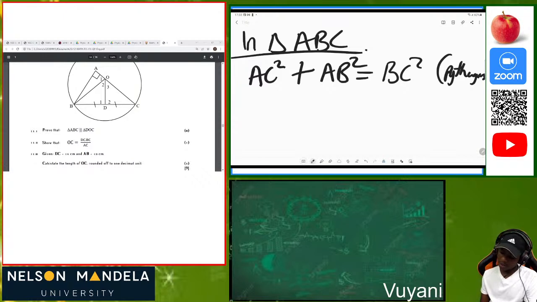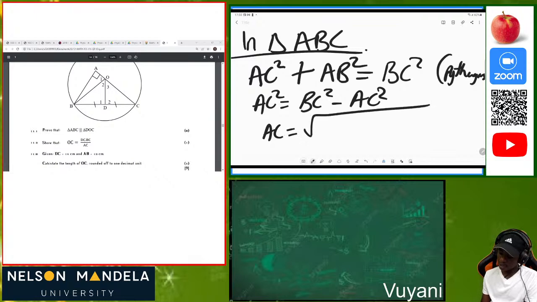Now we want AC, so we can determine AC squared by saying it is BC squared minus AB squared. Then our AC will be equal to the square root of BC squared minus AB squared.